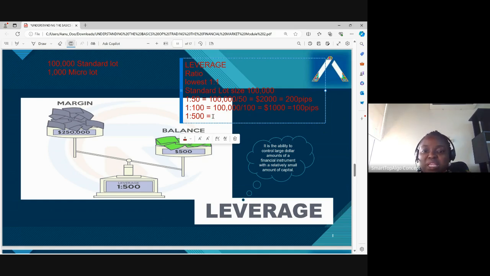Now, if I use a leverage of 1 to 500, how much do I need to have in my account to be able to use 1.0? To do this, that would be 100,000 divided by 500. Yes, anyone? So what this means is with $200, I can enter 1.0 lot.